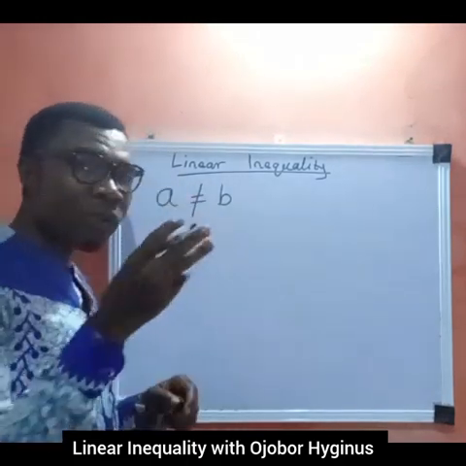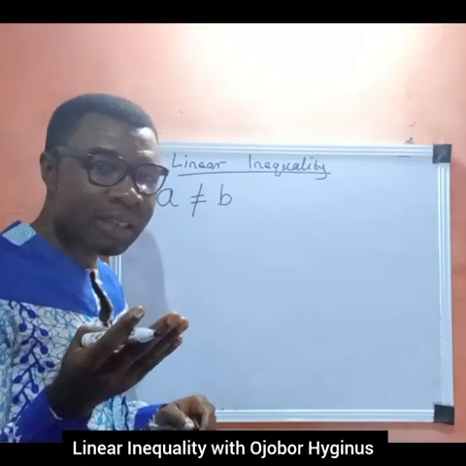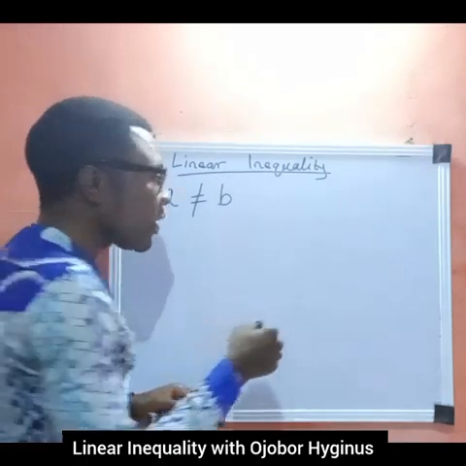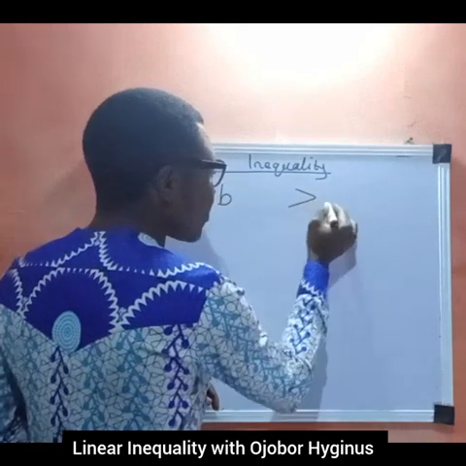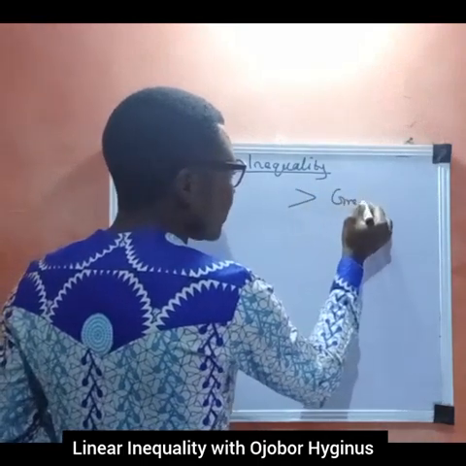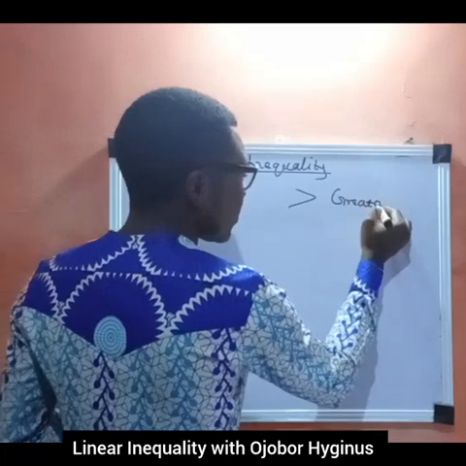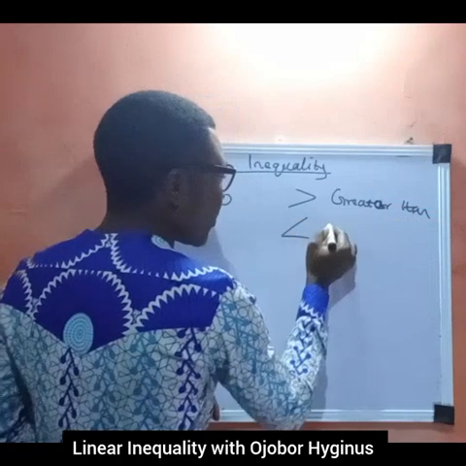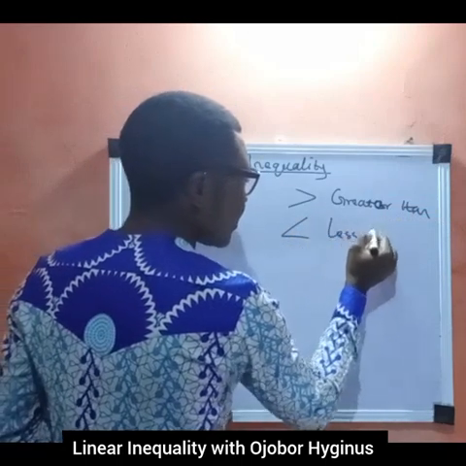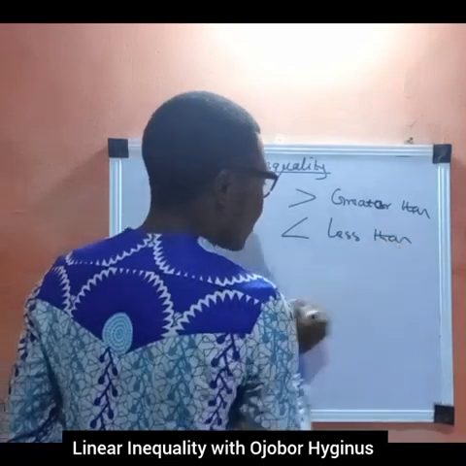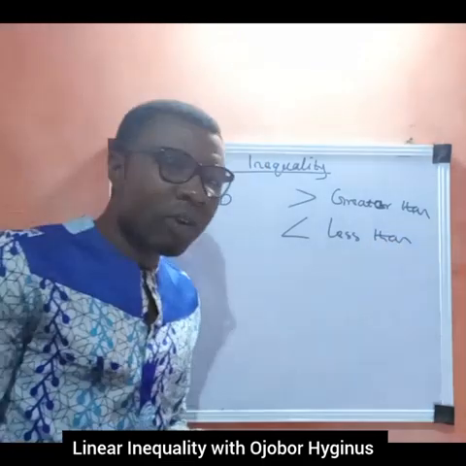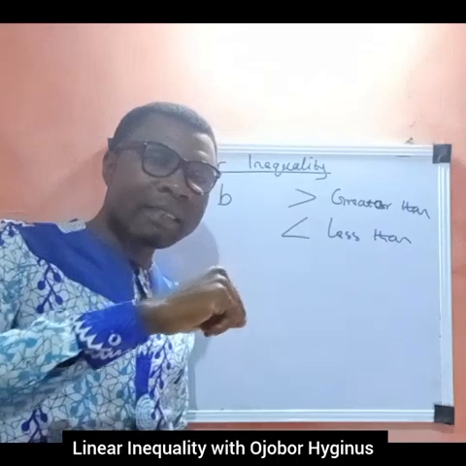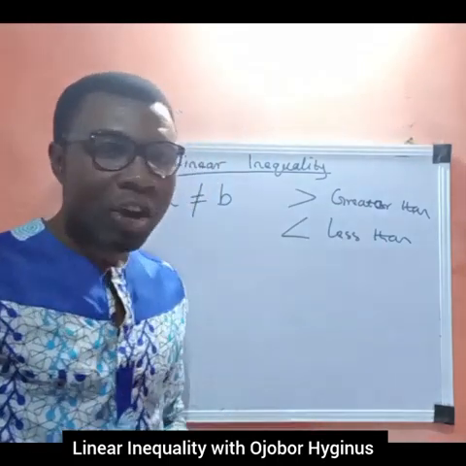So we have four signs we use to represent inequality. First, this sign stands for greater than. This one stands for less than. To remember that, we use our right and left hand to represent it.